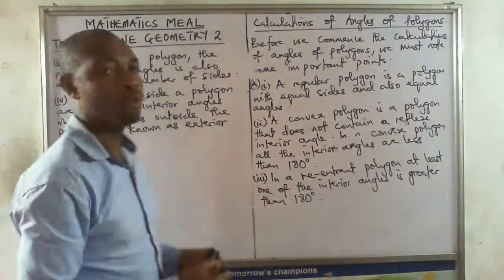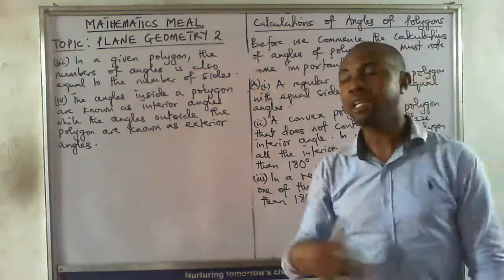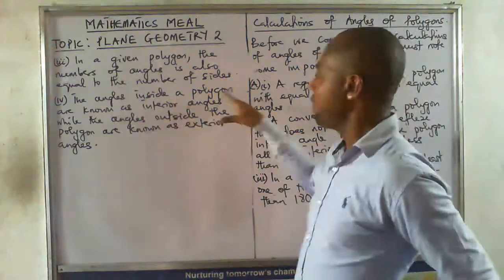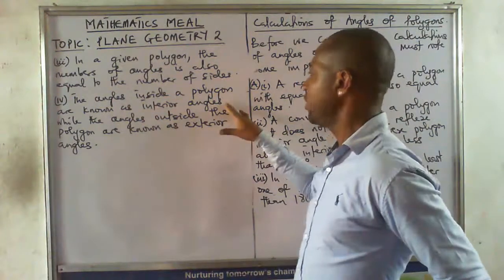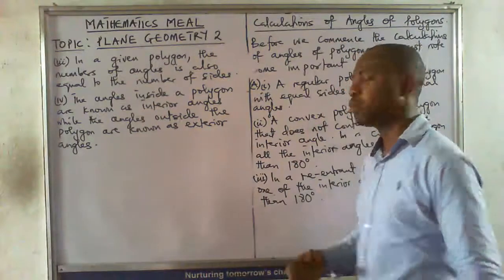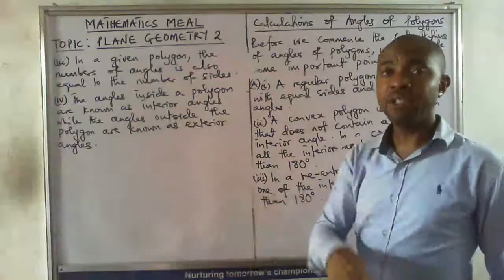So in a polygon, we'll be dealing with 2 different angles, the interior angles and the exterior angles. The angles inside the polygon are known as interior angles, while the angles outside the polygon are known as exterior angles. So we'll be using these terms interior and exterior.